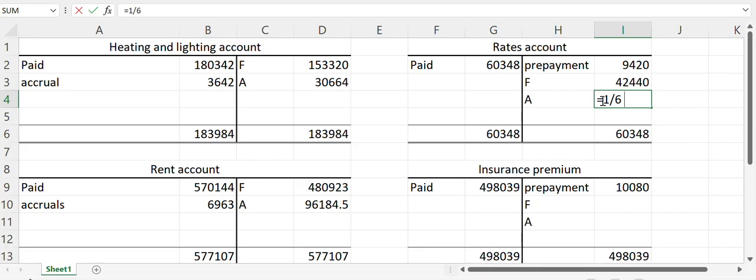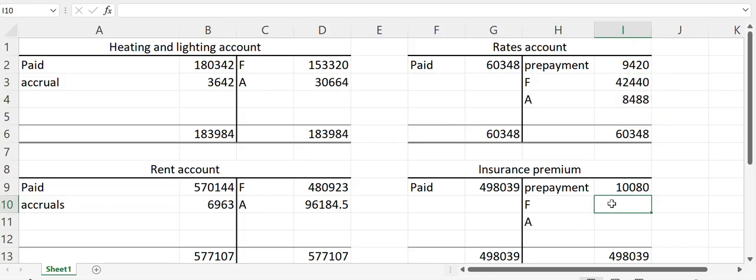We multiply that by, we open bracket 6348 minus 9420. Yes, and these two should always give you what? That difference, okay, which is 5928. When you minus this one, supposed to get that.